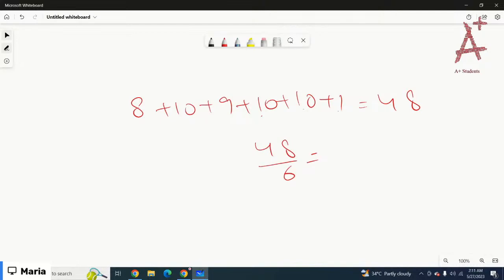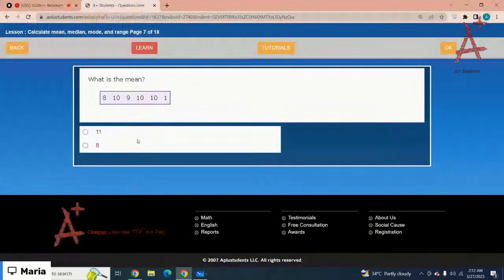So divide by 6. 6 times 8 is 48. So that means the correct option is 8. The mean is 8. Got it?